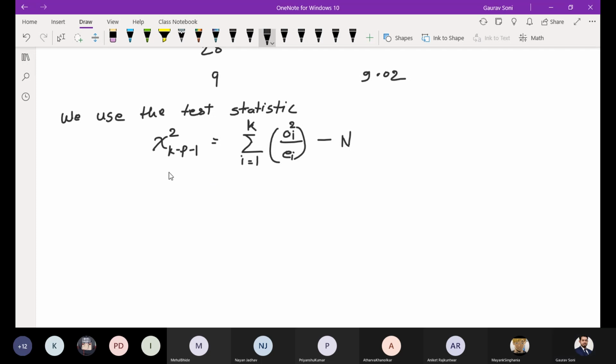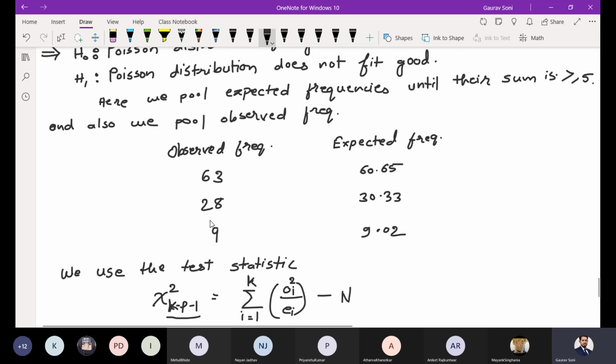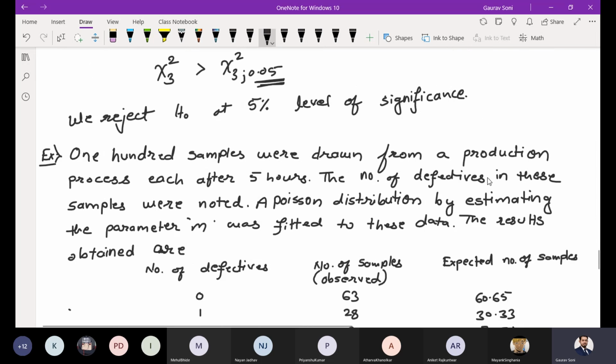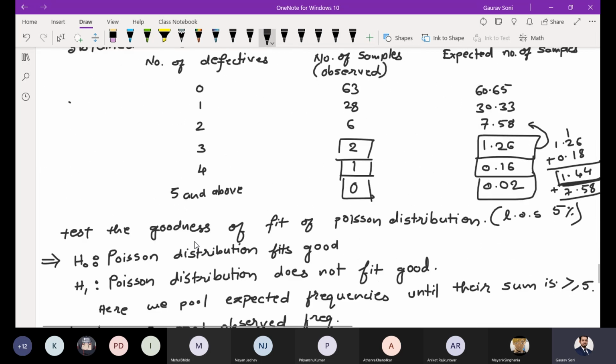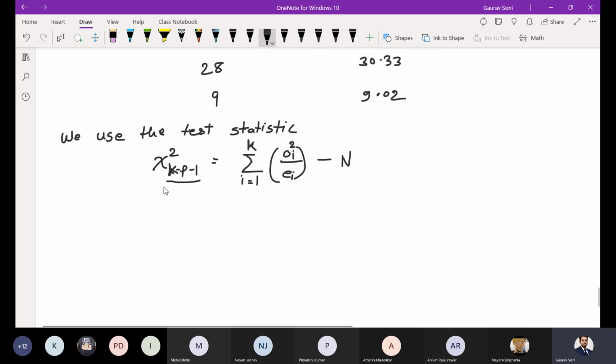Now, how do you define the degrees of freedom? Let's recall. K is the number of classes, P is the number of parameters that were estimated. In the question itself, it was given that we are estimating the parameter m. So the value of P is 1, the value of K is 3, and N is the total number of samples, which is 100.